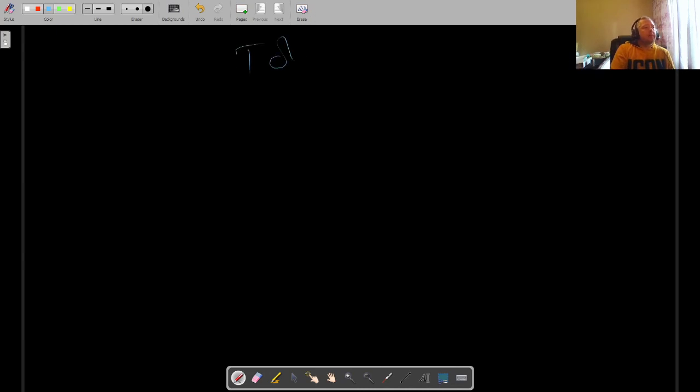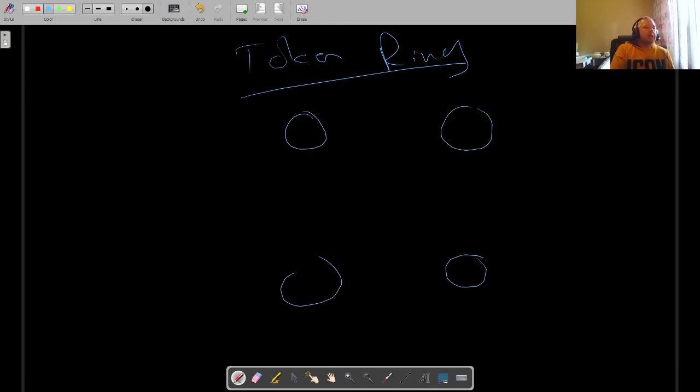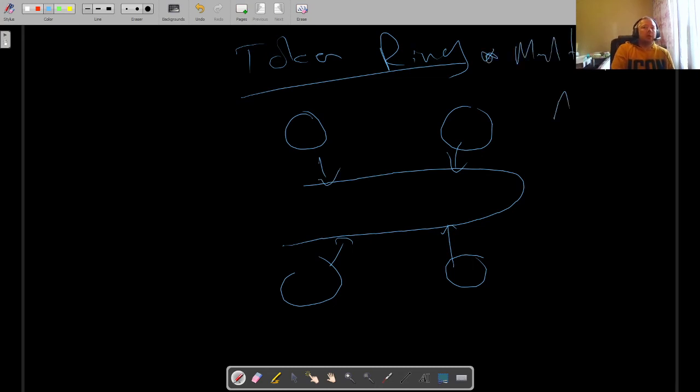The third one is something called token ring. And a token ring is where you have basically, again, the same network. But now, instead of anybody just sending data, we don't have multiple access. Okay, so multiple access is not there.